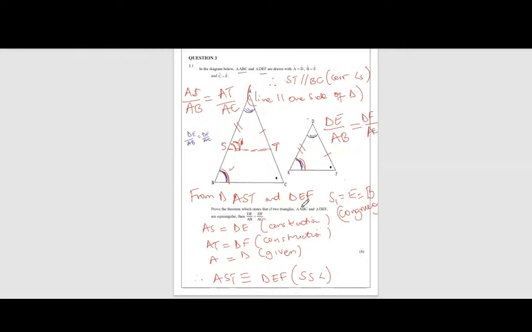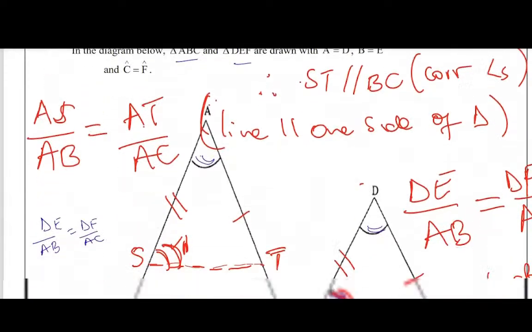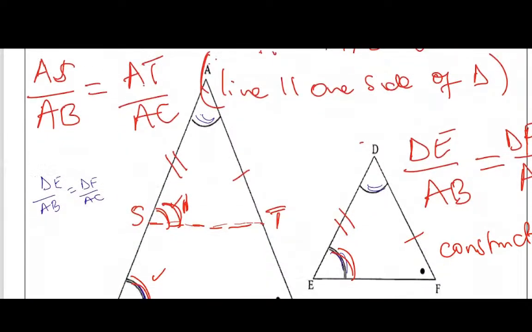And that's what the question wanted: prove that this is the same. All that has to be shown for you to obtain your 6 marks. The reason for the last part could be construction. We did the construction and then we proved that. So that is question 3.1.